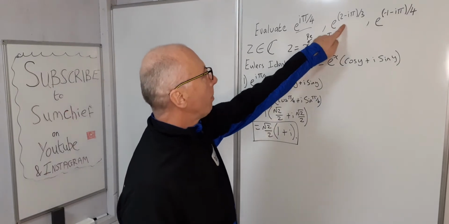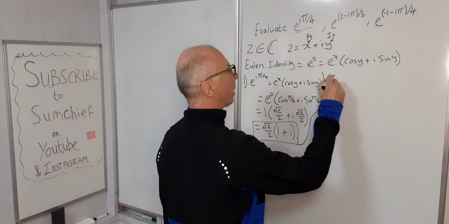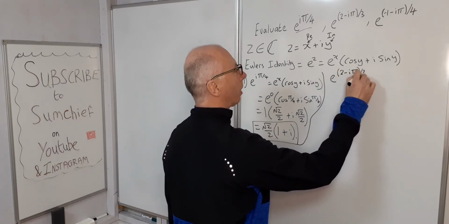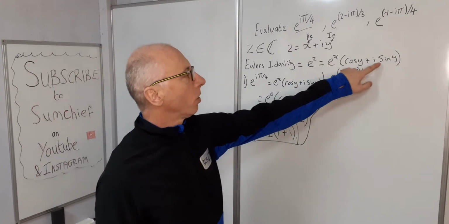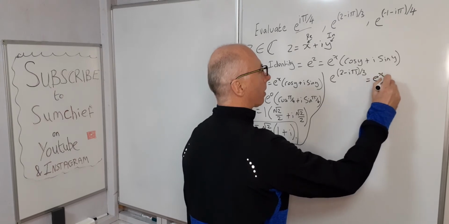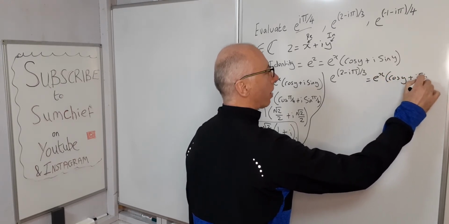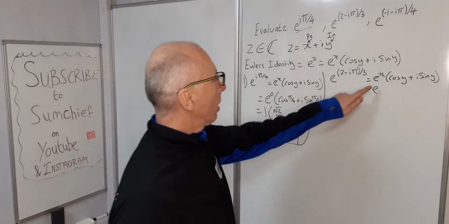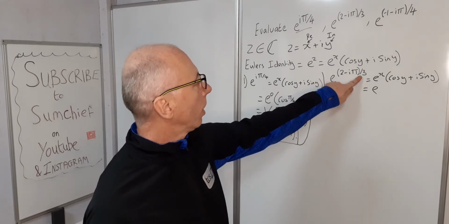Now let's tackle this one. So bring a box here to cover this one up. e to the 2 thirds minus i pi over 3. Okay, straight again into Euler's identity. So that equals e to the x cosine of y plus i sine of y. So x in this case is the real part of this, which is 2 over 3.